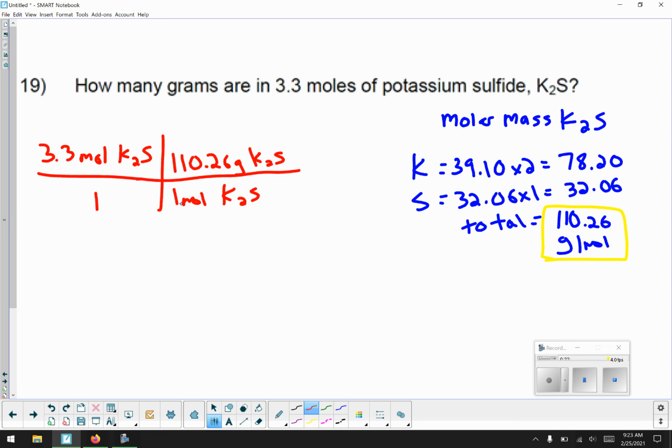And that's it. Moles cancels out. You end up with grams. And if you do the multiplication there, first, the raw number is 363.9. We only have 2 sig figs, so 360 grams of potassium sulfide.